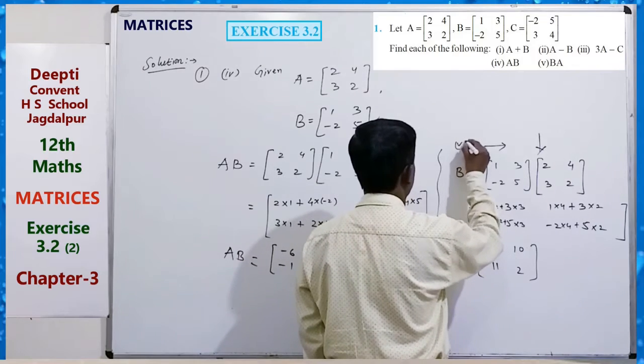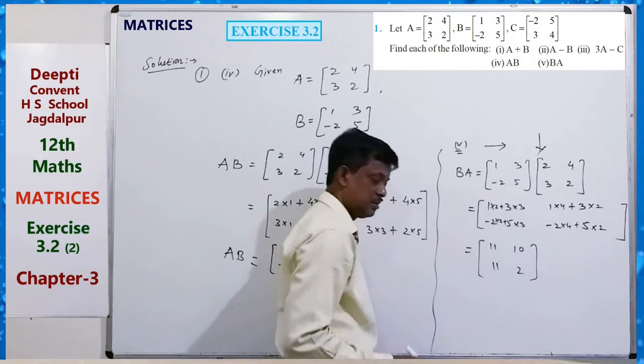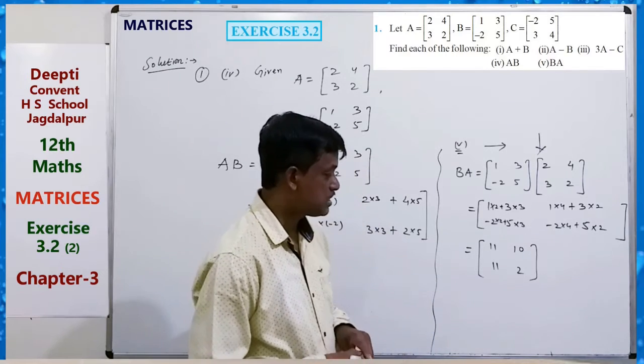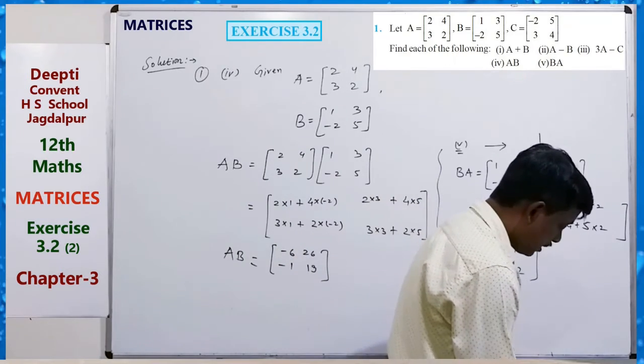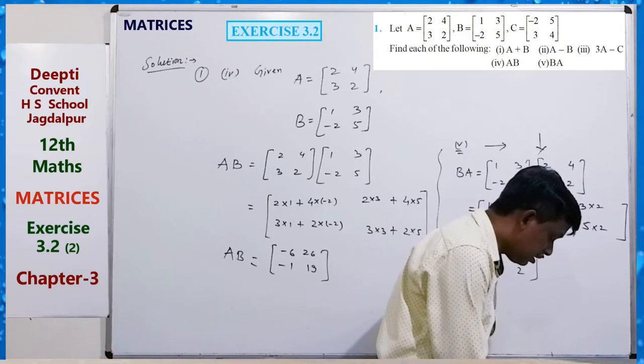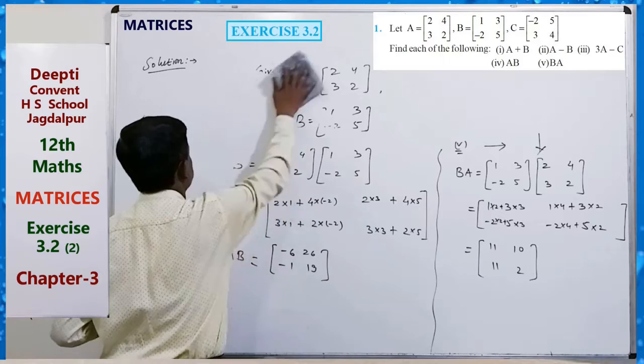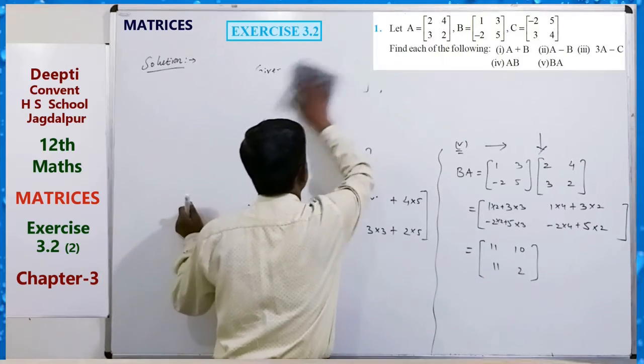This is the 4th and 5th part of question first of exercise 3.2. Question 2nd was for addition, and question 3rd is for multiplication. Here also, question 3rd of exercise 3.2 is for multiplication.